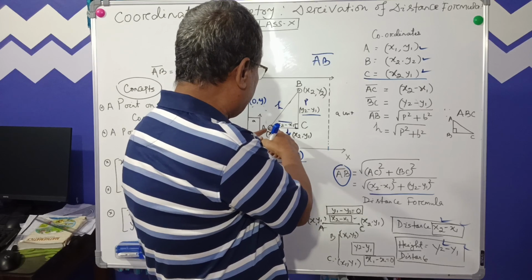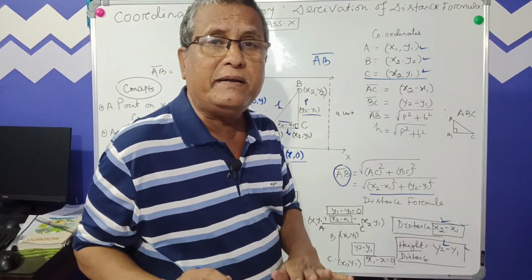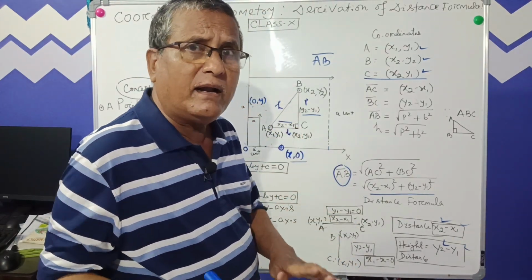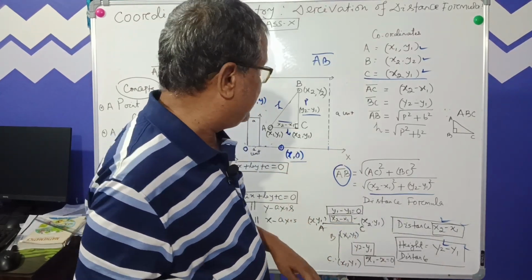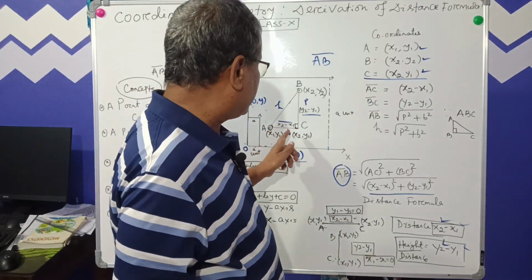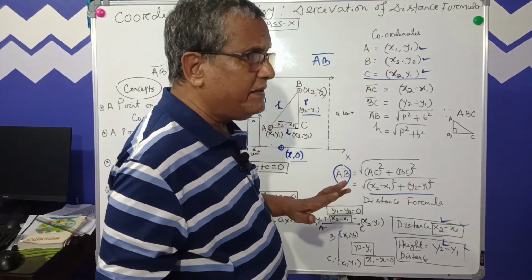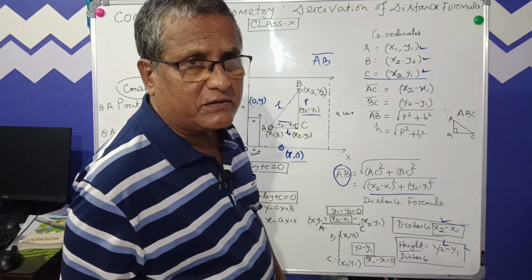Now you look at triangle ACB. It is a right angle triangle at C, which means the measure of the angle at C is 90 degrees. So AC is the base of the triangle and BC is the height, that is the perpendicular, and AB is the hypotenuse.